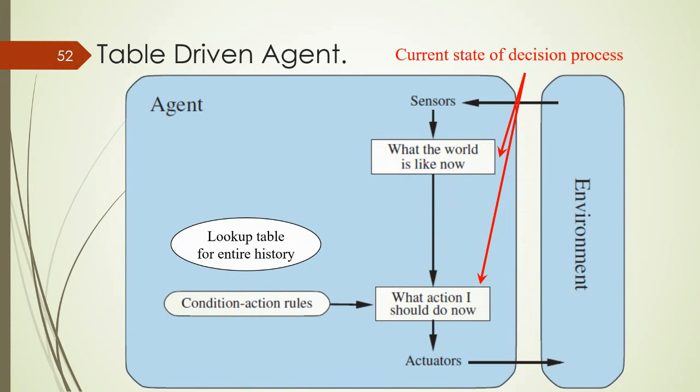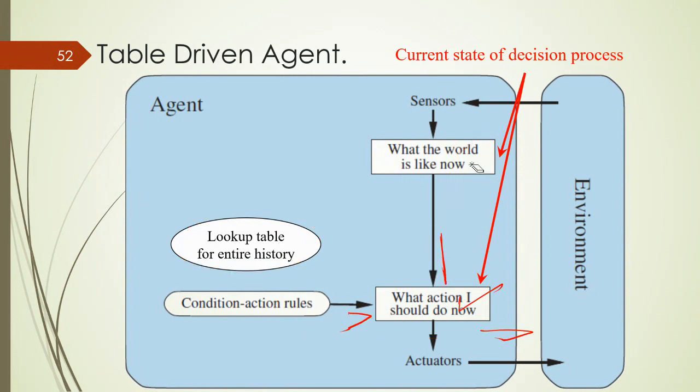Sensors give you what the environment looks like, and what you should do is decided here. Based on what you get from the environment, the table, with rules in combination with what you have received, finds what you have to do and sends it back to the environment. So I have a lookup table for the entire history.